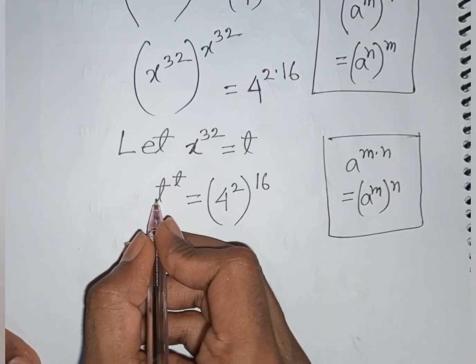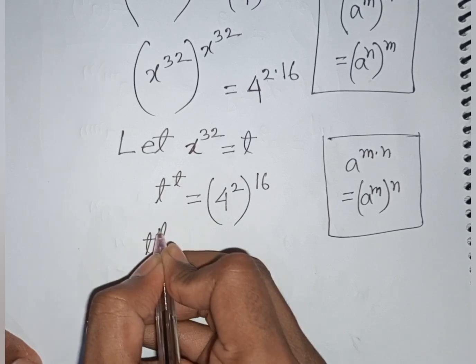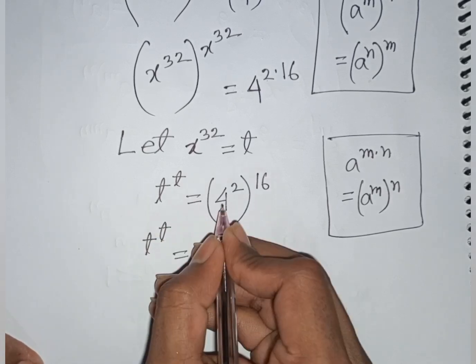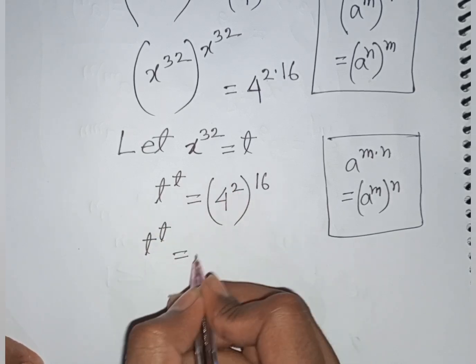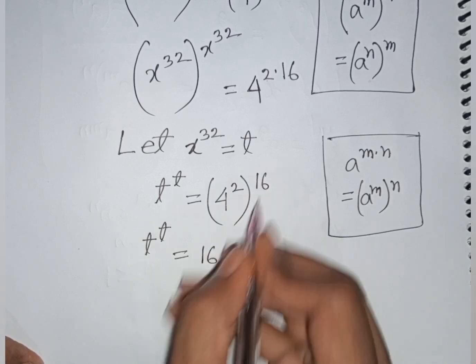Now we can write t^t is equal to 4^2, which is 16, then power 16.